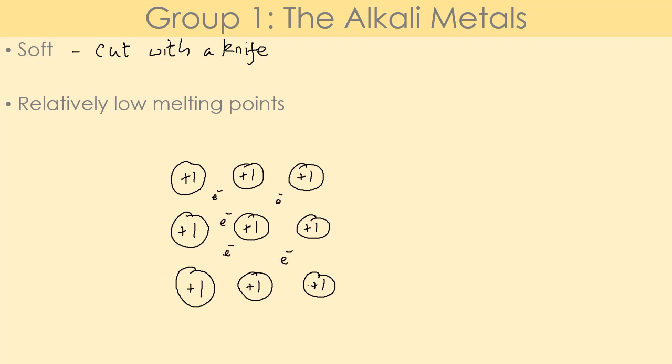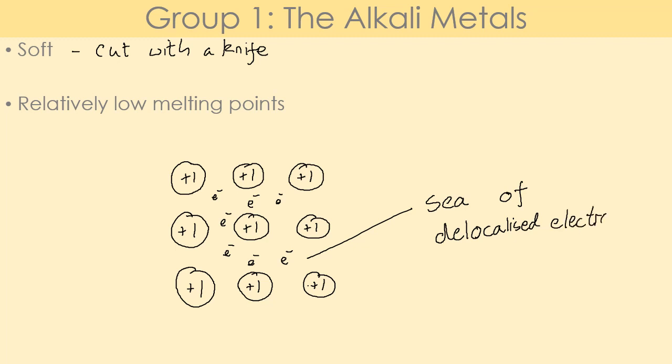These electrons here that they've lost are known as our sea of delocalized electrons. So we've got a sea of delocalized electrons. Now what we have positive ions and negative electrons.